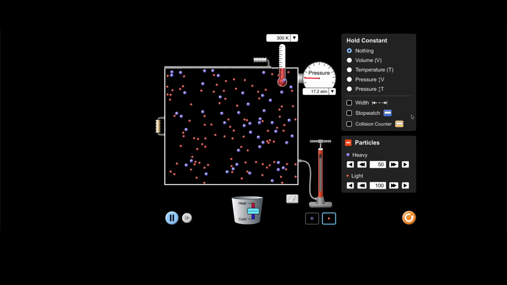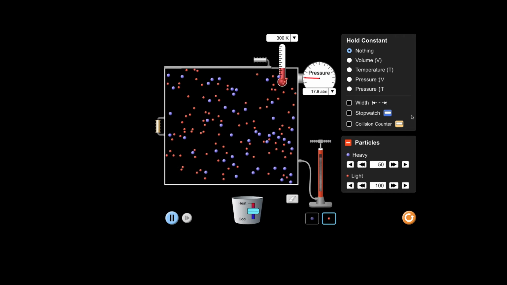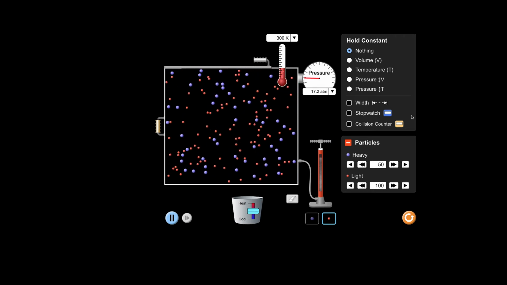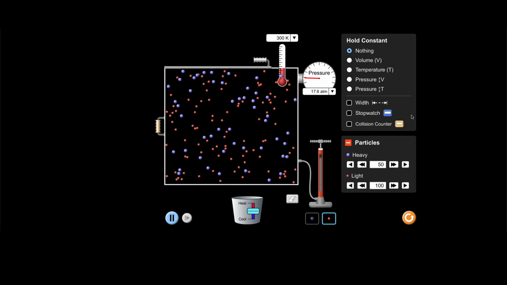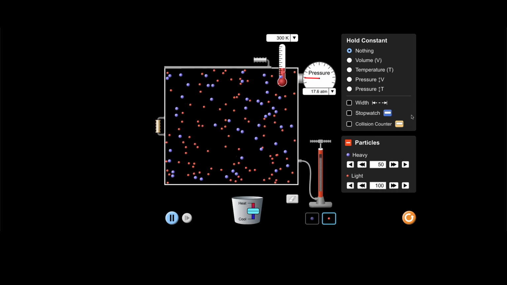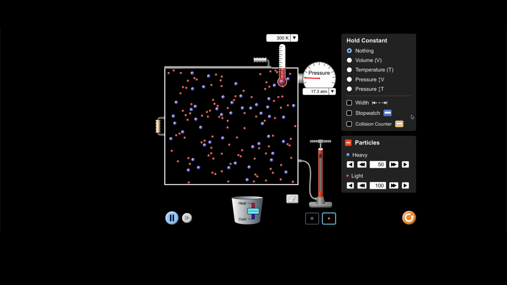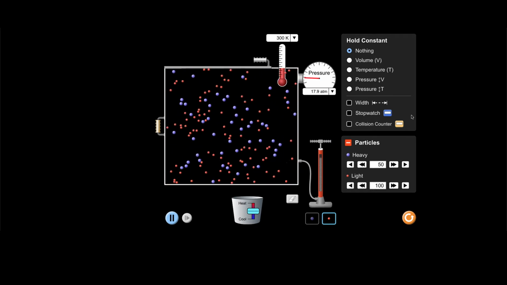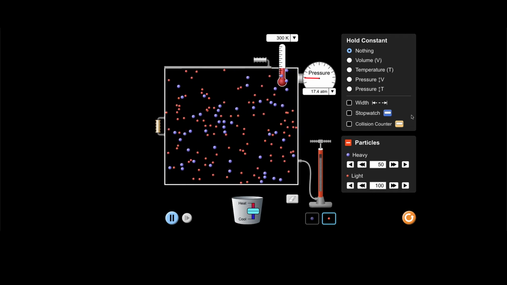And so what we can infer from this is that the pressure inside this vessel, which is now hovering near 18 atmospheres, is really due to both gases and in a disproportionate way. In other words, if there are more collisions and more forceful collisions from the red particles, then most of the pressure in this vessel is due to those red particles. And a lesser extent of the pressure is due to the blue particles.